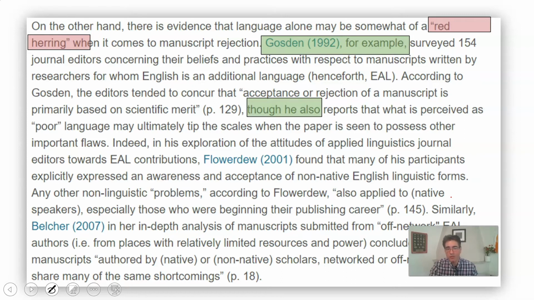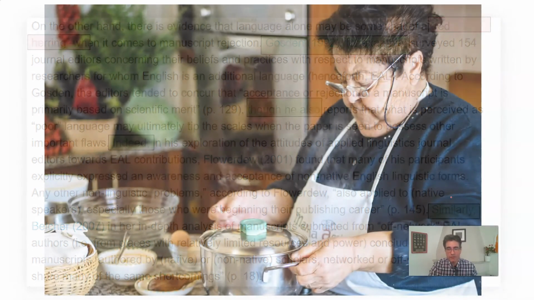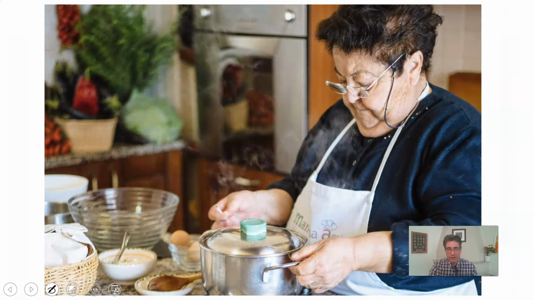So I'm interpreting, I'm not just reporting, I'm adding, I'm further elaborating. So this is all my voice coming through. I'm using all those tomatoes, all those onions, all that garlic and salt and pepper and whatever, but it's my voice coming through. There I am cooking up my sauce.